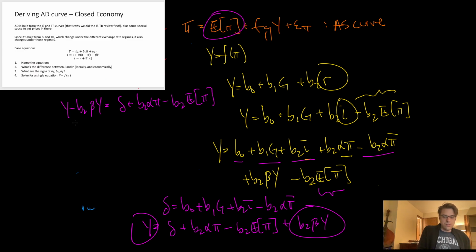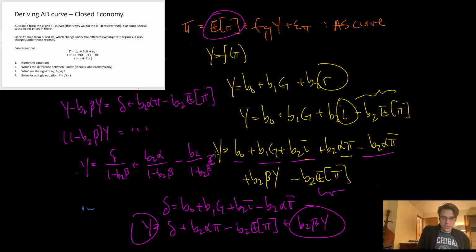And then factor, so we can write this as 1 minus b2 beta times y equals dot, dot, dot, and then we'll just divide over. So we'll have delta over 1 minus b2 beta plus b2 alpha over 1 minus b2 beta times pi, minus b2 over 1 minus b2 beta times the expectation of pi. And that is the answer.